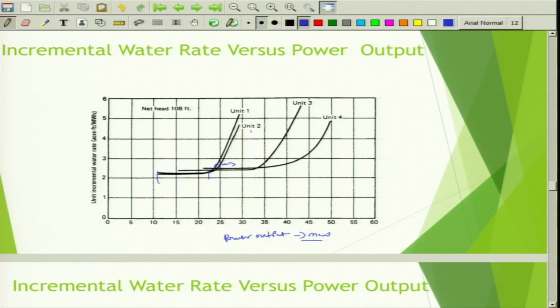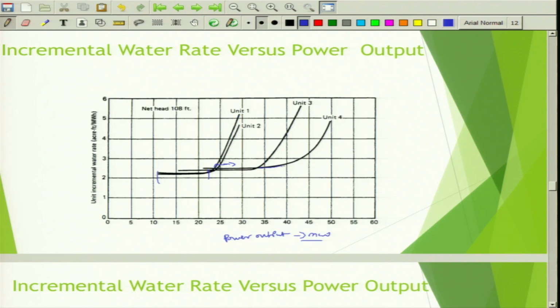You see here, so let us say unit 1, after certain capacity, even a small increase in water, a small increase in the power demand. So increased incremental water rate, it is very drastic actually. So the water inflow expected, the amount of water expected is quite large for a small variation in the load demand.